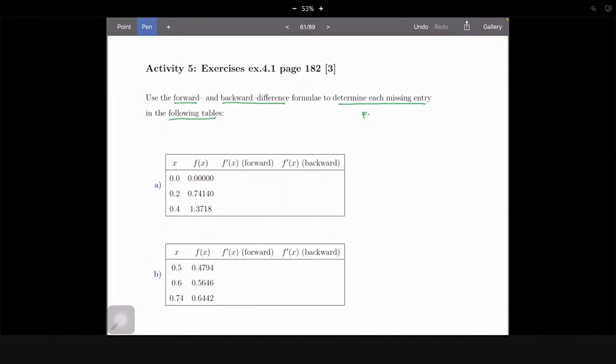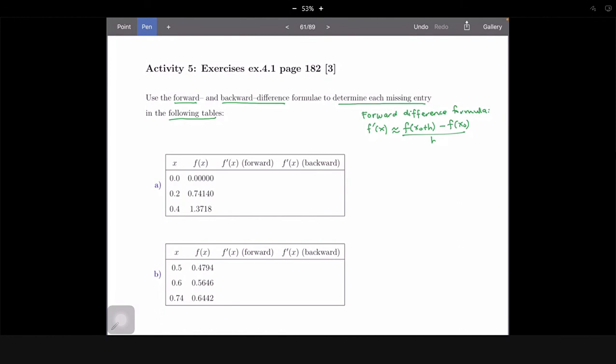The formula untuk forward difference formula ialah the derivative. Yang ni kita dalam mencari derivative of the function, approximate f x naught plus h minus f x naught divided by h.